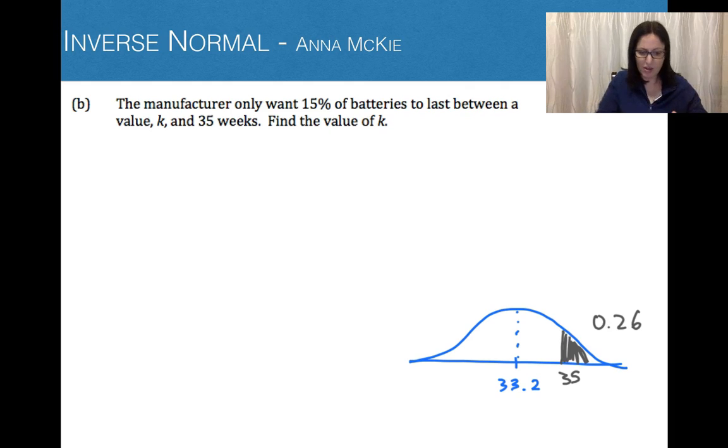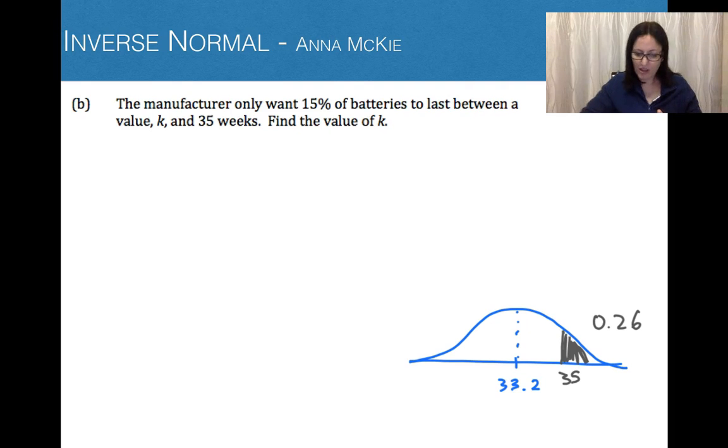And the key is that there's 35 there and 35 was in part A, so that should trigger your brain to go, maybe I use this 35 again. So that's what we found out from part A. Part B is asking us that some value K, wherever K is, and 35, that probability, so the area under the curve, will end up being 15%.